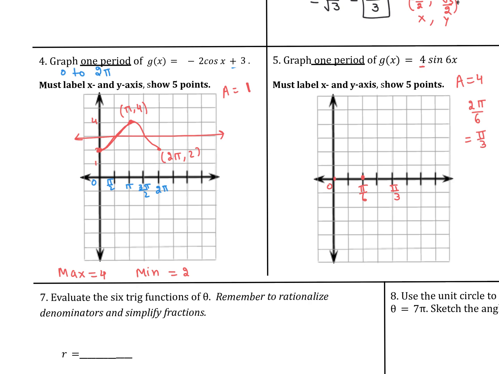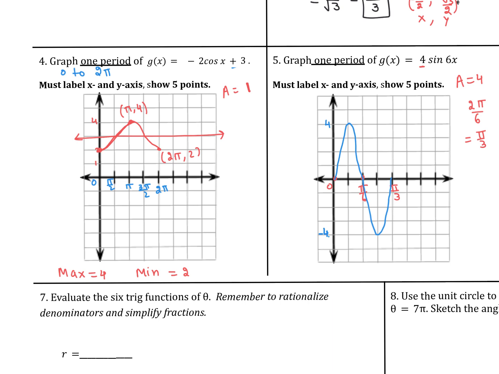It means it starts from 0. Sine graph starts from 0, reaches the maximum. Next point, it crosses the x-axis and reaches the minimum, and then at the final point it's going to meet at pi over 3. In this case, normally it would be 0 to 2 pi.